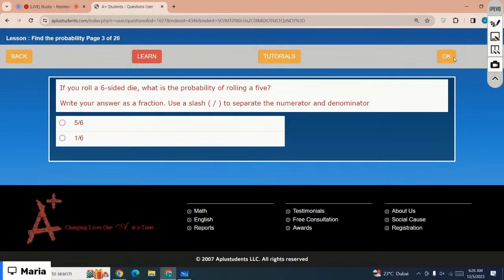Okay, the next one is, if you roll a six-sided die, what is the probability of rolling a 5? Which is the correct option?